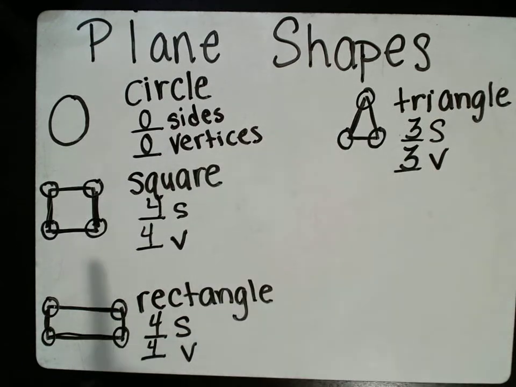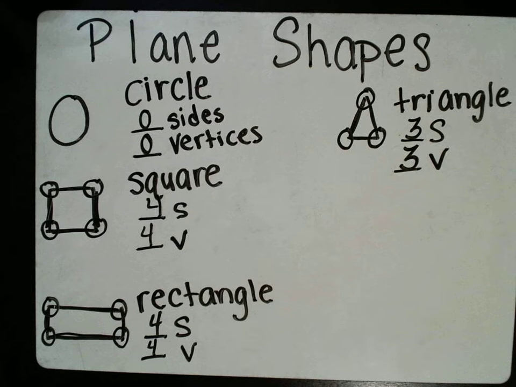A rectangle has 2 long sides and 2 short sides. So if I were to describe a shape that has 4 sides and 4 vertices, and it had 2 long sides and 2 short sides, you would be able to tell me that that is a rectangle.